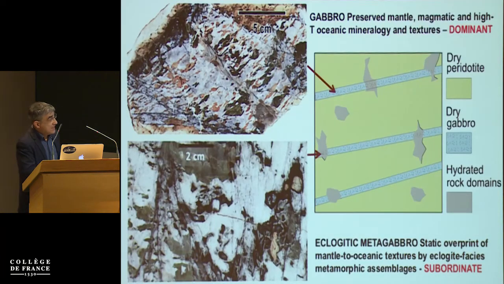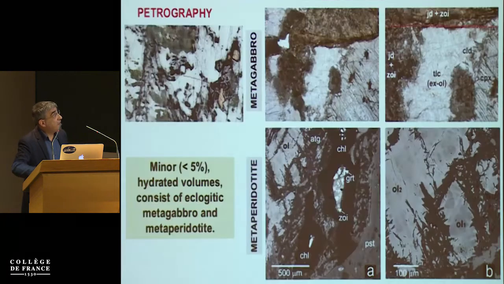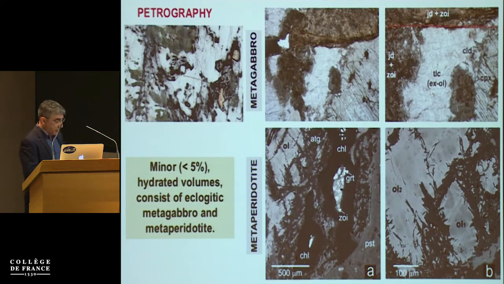If we take a hydrated domain, this one here in the peridotite, it is different from the fresh mantle peridotite. You can see here a pseudotachylite vein cutting through, and the rock contains olivine, which is composite. I mean, a core of mantle olivine overgrown by light gray, metamorphic high pressure olivine, which is more or less stable with antigorite.